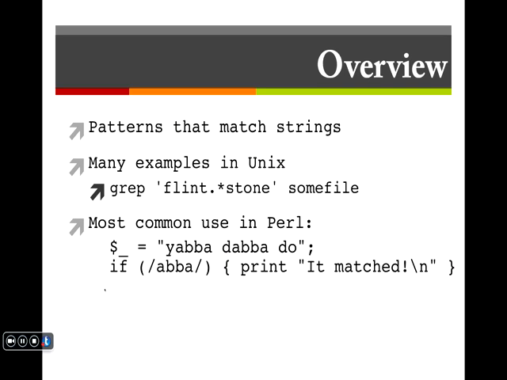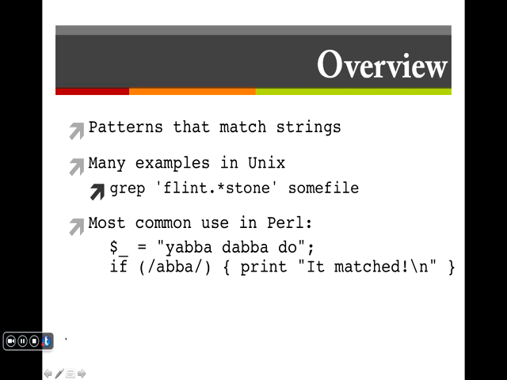So one of the most common uses in Perl is to use a regular expression with the underscore scalar that we have already used before. So here what I am saying is, assign the following string to the underscore scalar: yabba dabba do.